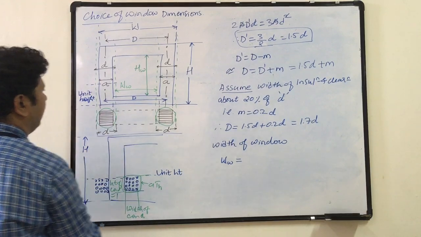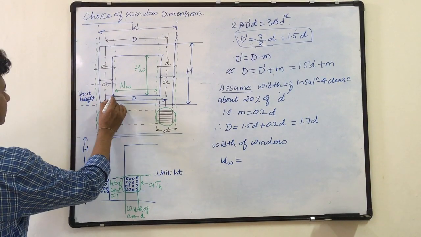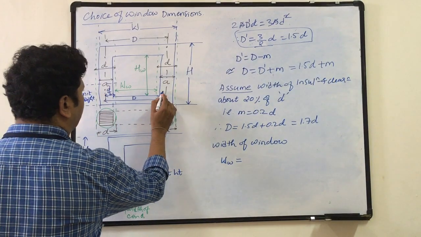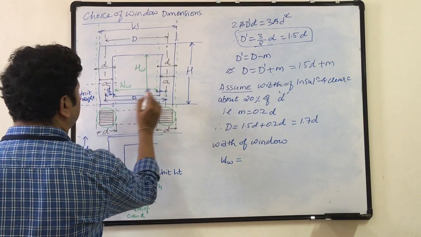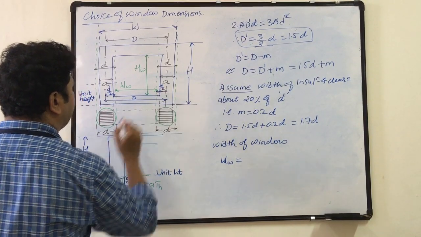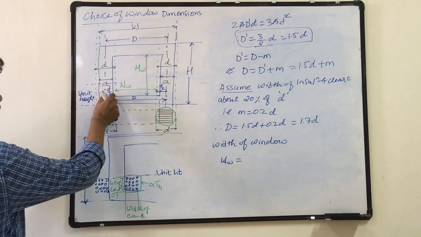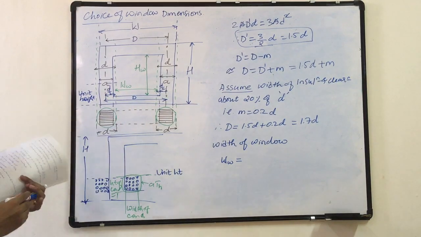This D I have. I want WW from this D. Now what is this? D by 2. And what is this? D by 2. Okay. So if I deduct D by 2 here and D by 2 here from this D, I will get the width of window.